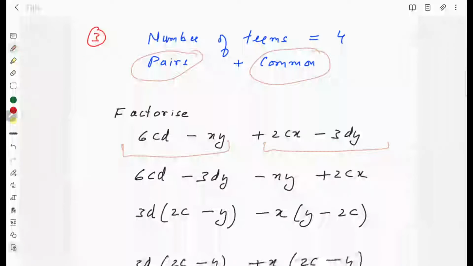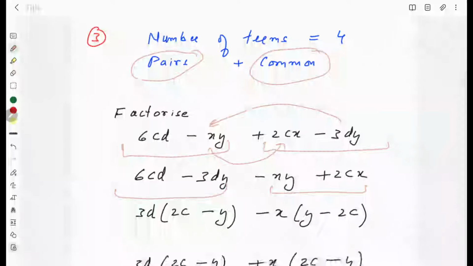You can bring this minus 3dy over here and minus xy over here, or you can follow some other way of doing it. It is not necessary. So I'm bringing minus 3dy to 6cd and then writing minus xy plus 2cx.